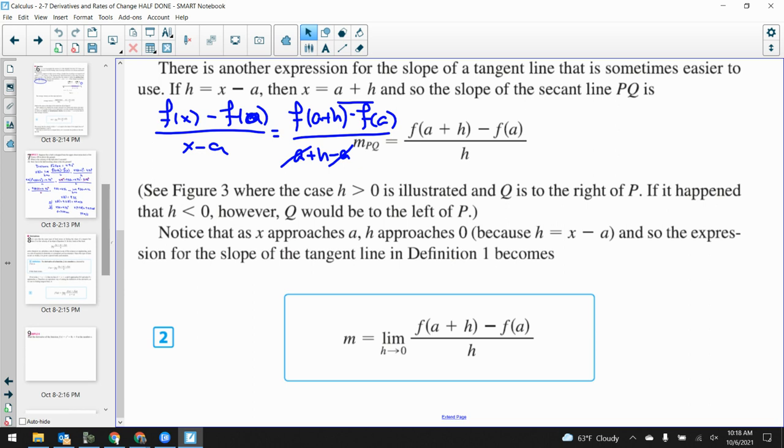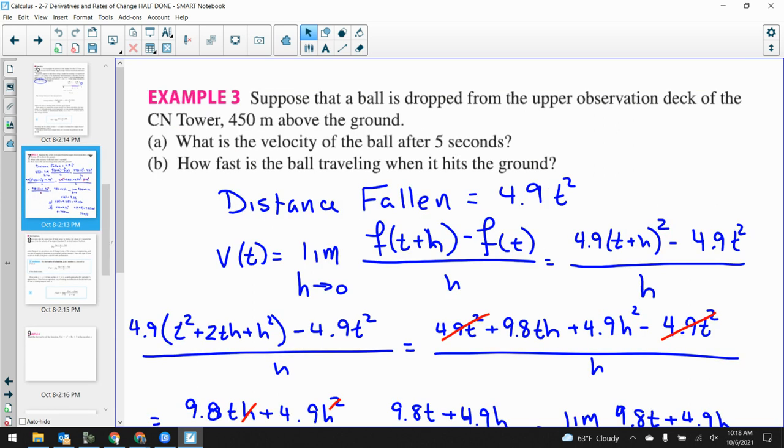Okay. I believe the last one we did was this velocity problem where we said, okay, we've got the equation of the distance, right? We've got the equation of the displacement, and we said if we find the limit as h goes to 0 of this displacement equation, we get the velocity equation.